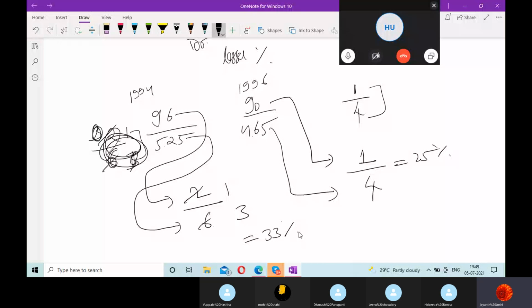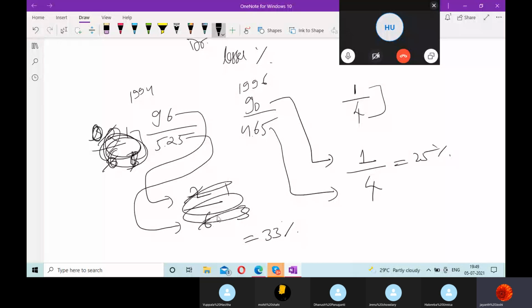Just a second. 1 by 3 is 33%. 96 by 525 is 18%, if I take this 2 and this 6, but 90 by 465 is 19%. No, it is not matching actually.